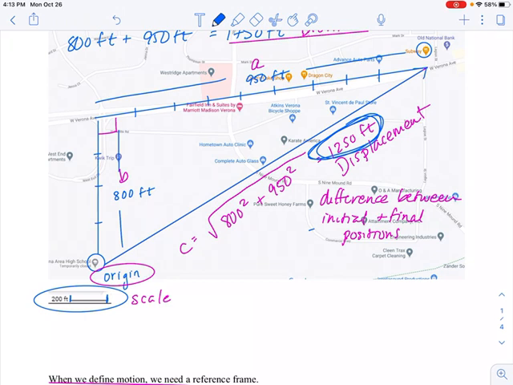And the direction, if I look at north, south, east, west, a direction in the first quadrant would be northeast. So I'd say that my displacement from my origin, from Verona Area High School to Subway, would be 1,250 feet northeast of my original position.